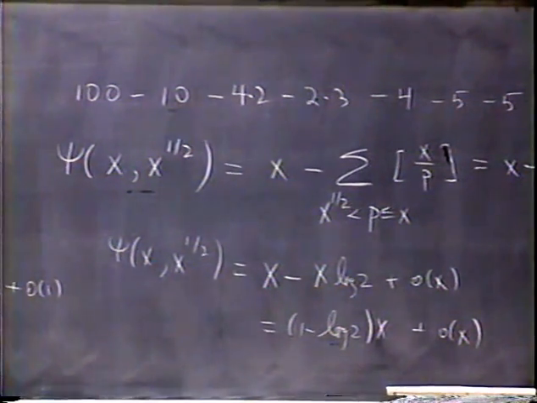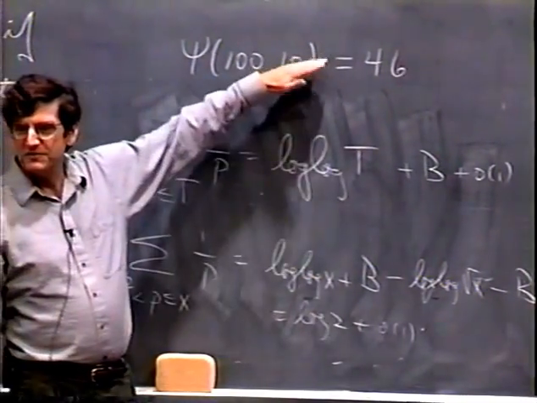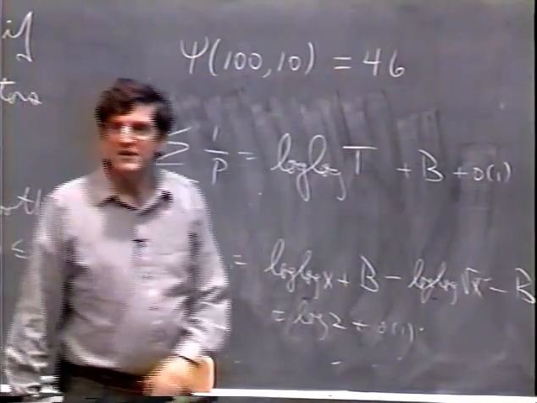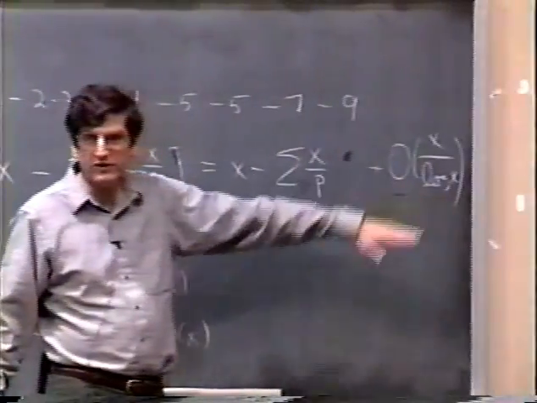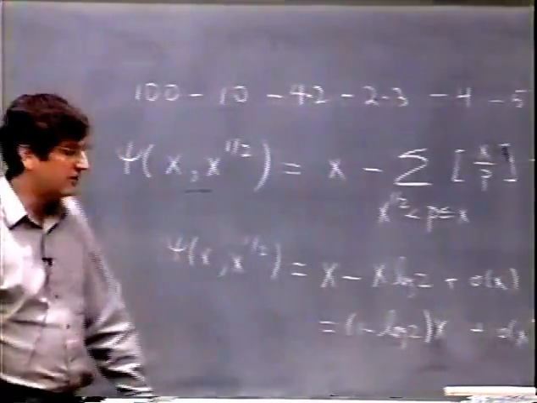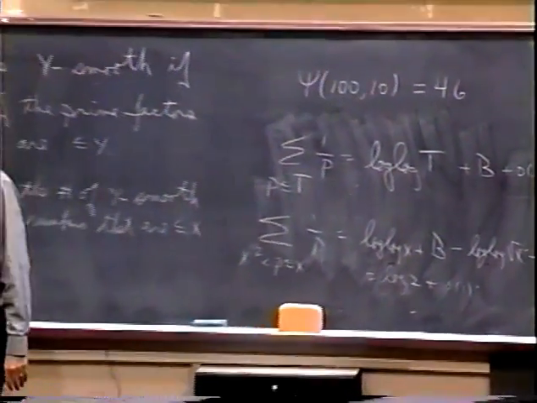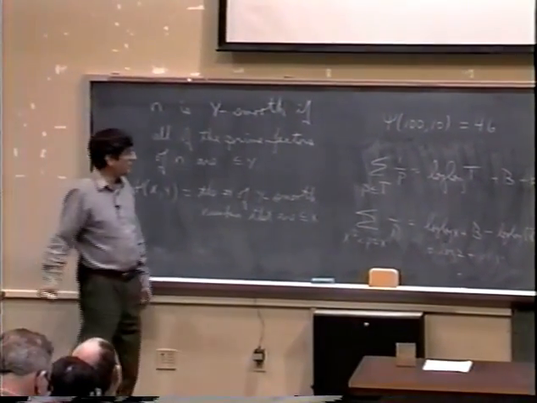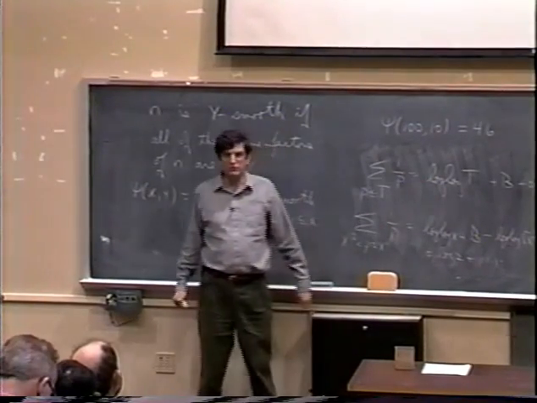Did I get 30.7% of the numbers? I got 46%. OK. Slow convergence. There was an error after all. Two errors: an error caused by removing integer part signs, and another error in applying Euler's theorem about the sum of reciprocals of primes. Actually, this sharper form of the theorem is really due to Mertens in the 19th century, not to Euler.